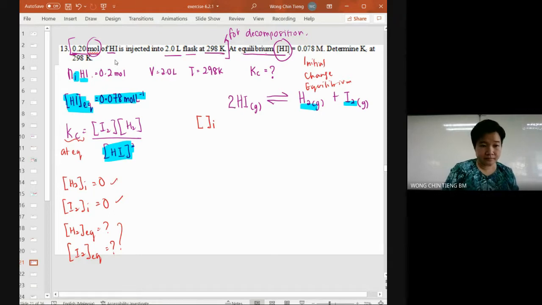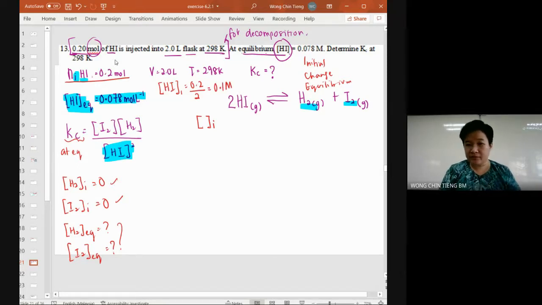Number of mole divided by volume. Number of mole initial diberi 0.2. So concentration of HI initial will be the number of mole divided by the volume, which is 0.1 molar. Agree?